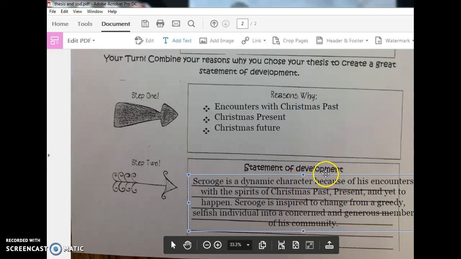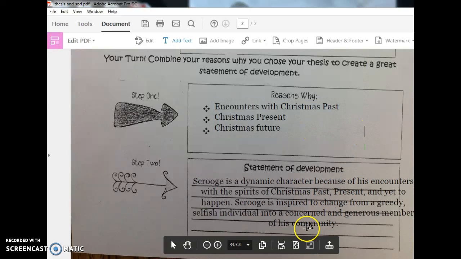Maybe I want to make this part up here. So I'm going to say Scrooge is a dynamic character because of his encounters with the spirits of Christmas past, present, and yet to happen. Scrooge is inspired to change from a greedy, selfish individual into a concerned and generous member of his community.